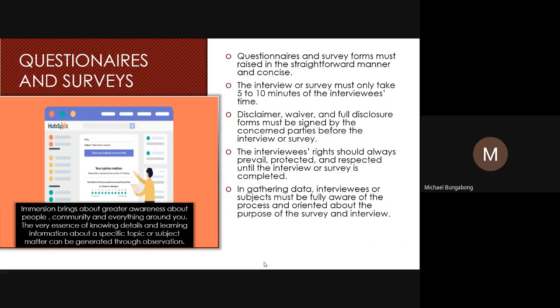So in gathering data, interviewees or subjects must be fully aware of the process and oriented about the purpose of the survey or interview. Make sure, class, not to consume their time or your time as well. Make sure that your interviewees are all oriented and fully aware about the questions or about what is really happening so that they are prepared and ready as well. So it really saves you ample time.